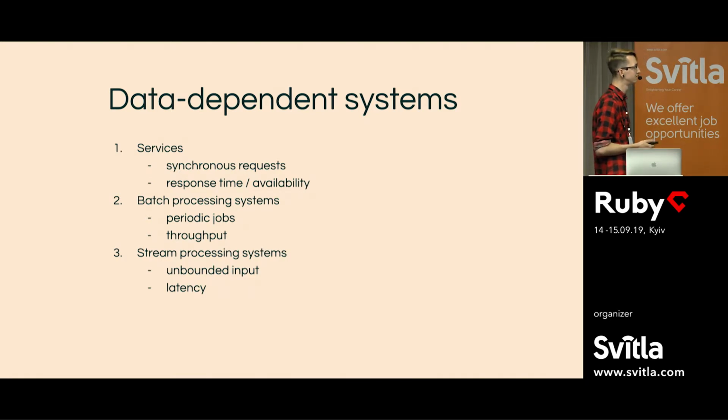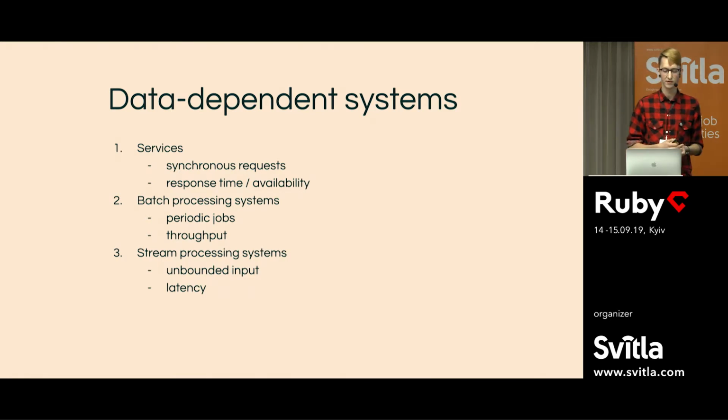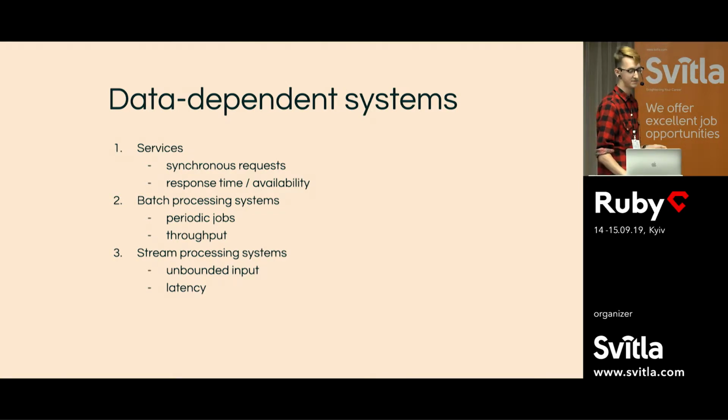Batch jobs are often scheduled to run periodically, for example once a day or once an hour. The primary performance measure of batch jobs is throughput, so the time it takes to crunch through a data set of a certain size.